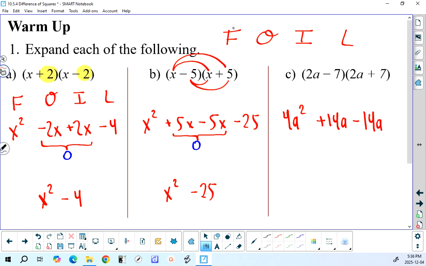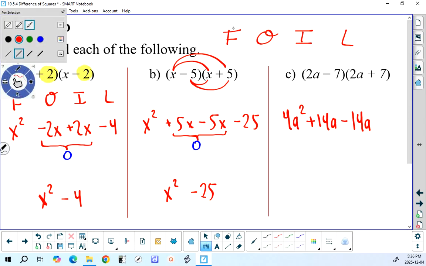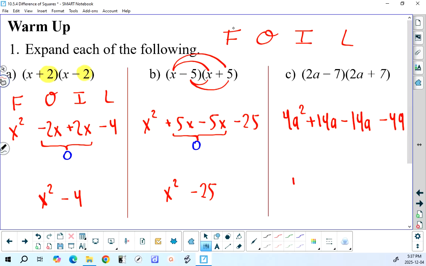And my last is going to be negative 7 times positive 7, which will give me negative 49. So minus 49. And again, those two middle terms are what I call a wash. They cancel each other out, and we're left with 4a squared minus 49.